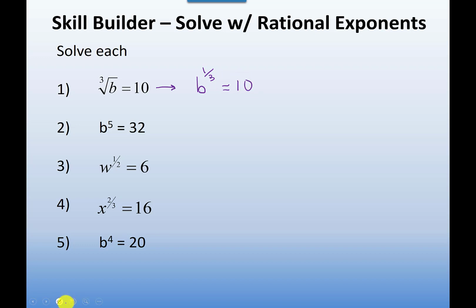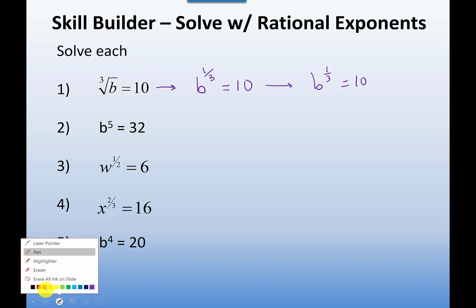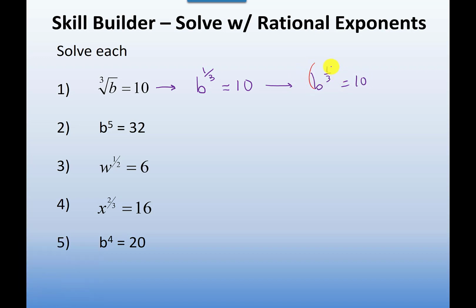And we have to figure out, okay, how can we get b by itself? Well, if I want b by itself, I'm going to have to do something to the equation. What can I do to both sides to get b by itself? Well, I have to get rid of the 1/3 power. So I'm going to do a power on both sides. And the power that will undo a third is a power of 3.